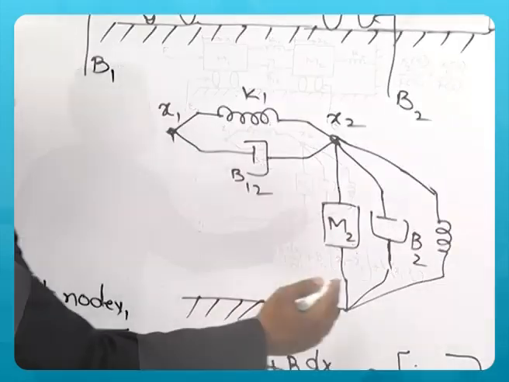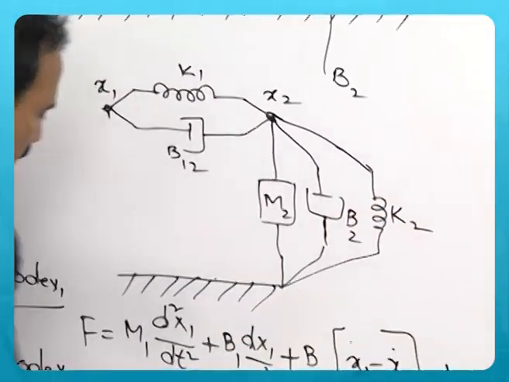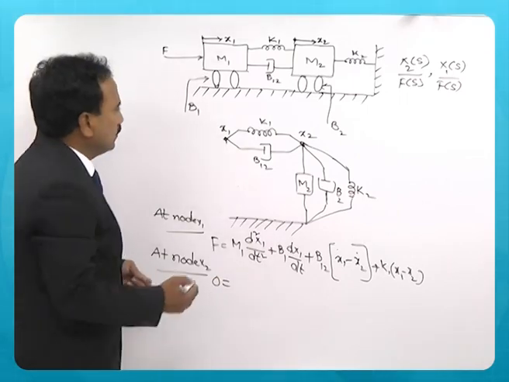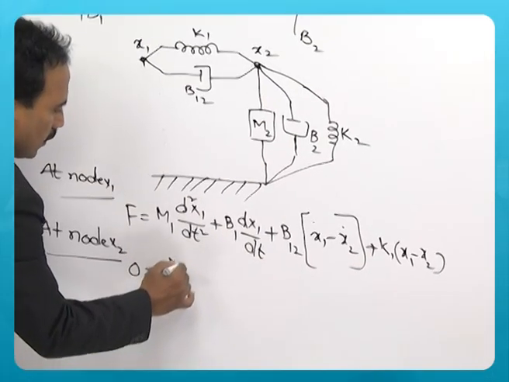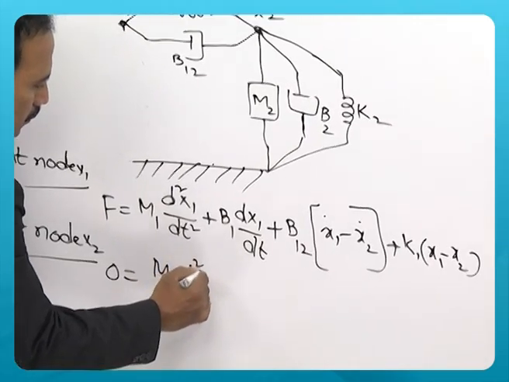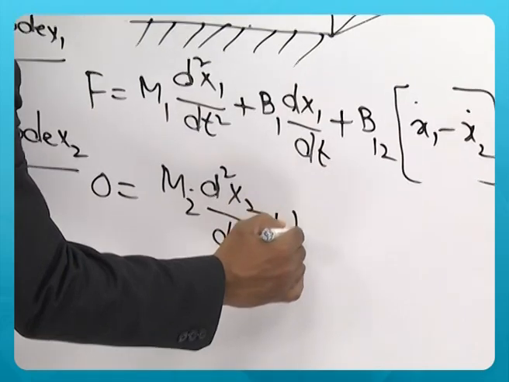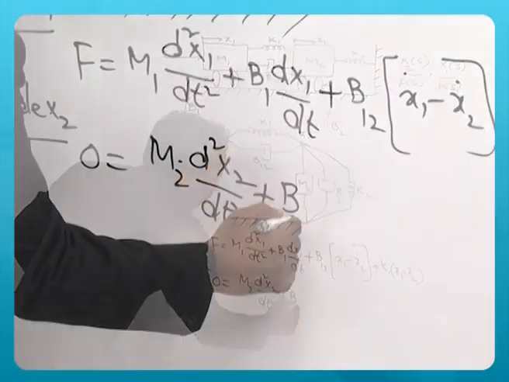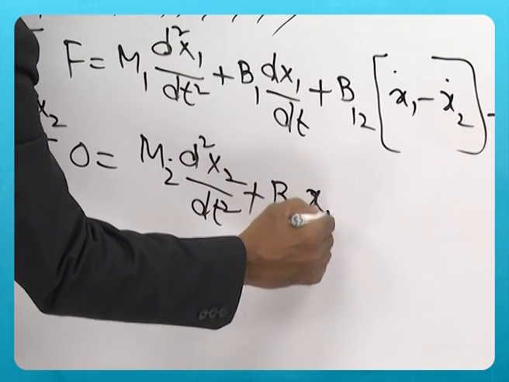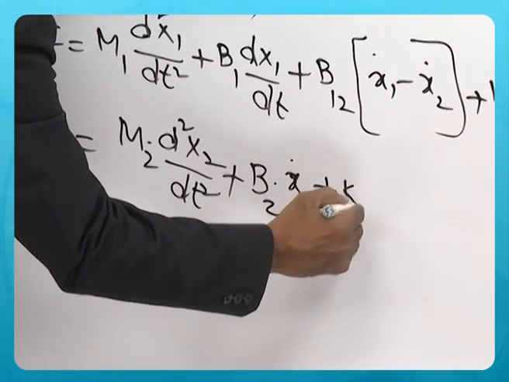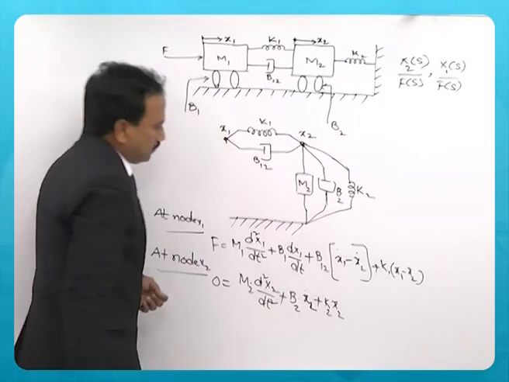There is no force directly involved here. So, it is 0, no applied force on mass 2, but the other components you need to write: m2 d square x2 by dt square plus b2 x2 dot plus k2 x2.